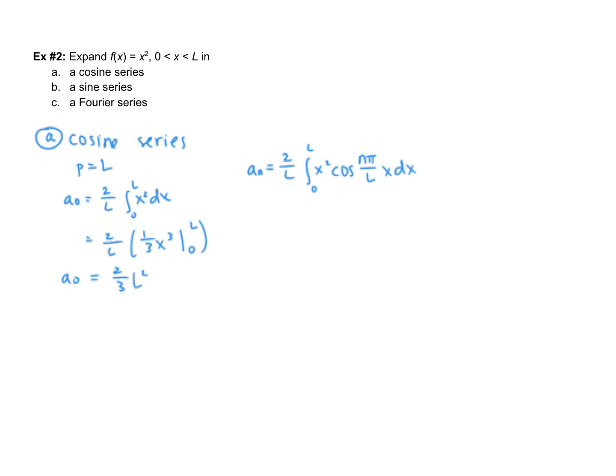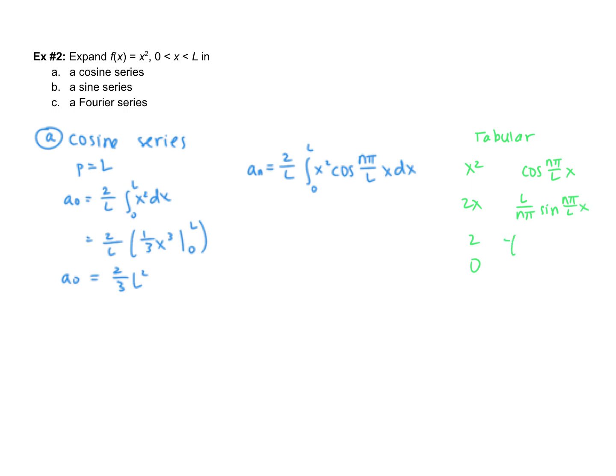Okay, so we've seen this a little bit earlier, needing to integrate this product. We can do integration by parts, or we can do tabular. So if I start with the x squared, I can differentiate that down to 0. And then the cosine of n pi over L x is the one that I'm going to have to integrate. So I get L over n pi sine of n pi over L x.